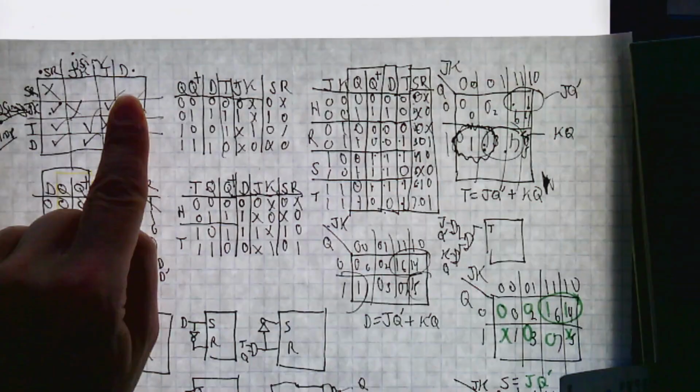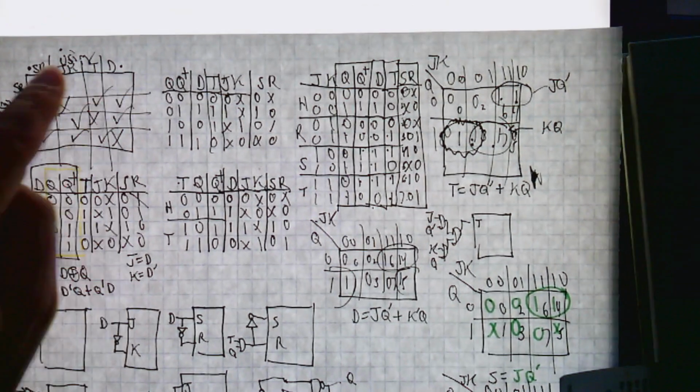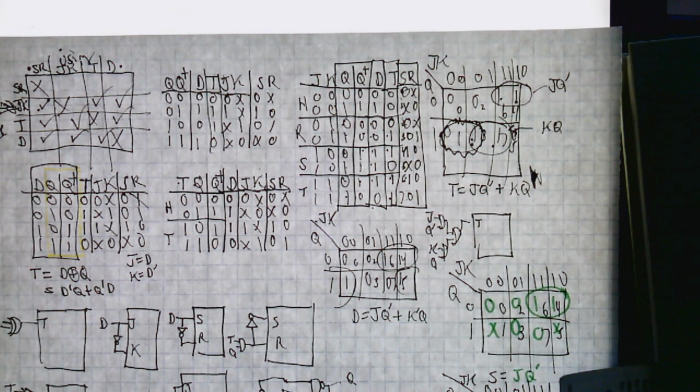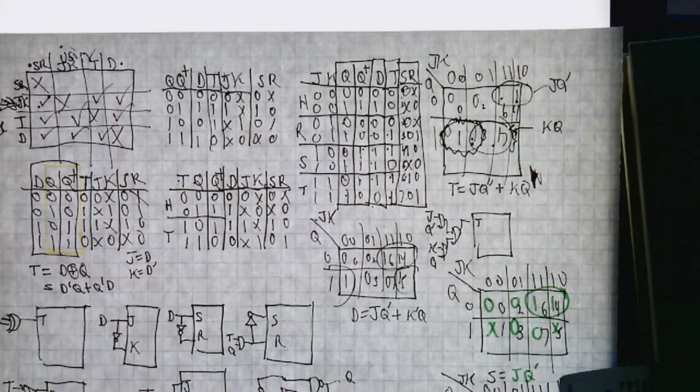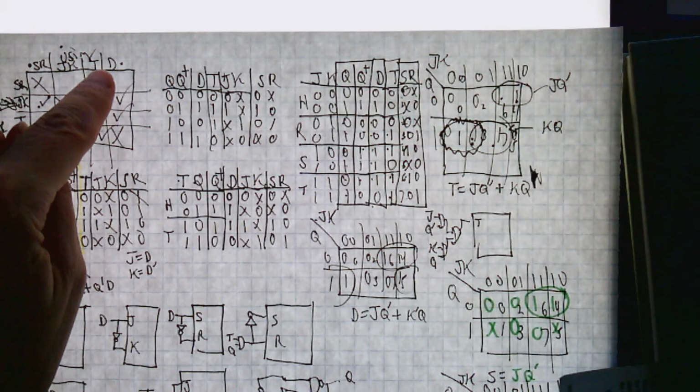So that says that using a D flip-flop, I want to implement an SR latch. What do I do to do that? How do I do that? I want to implement an SR using a D. I didn't do this yet.